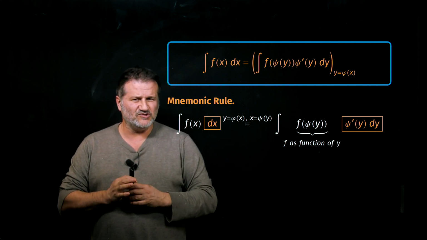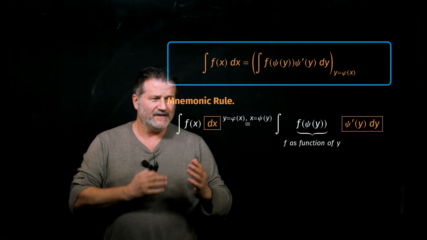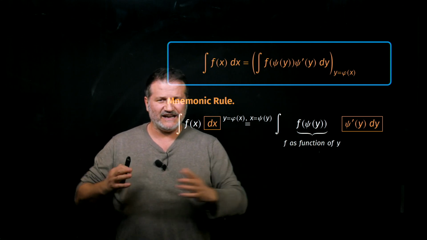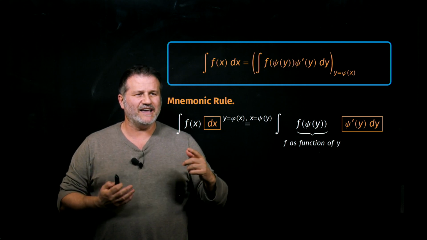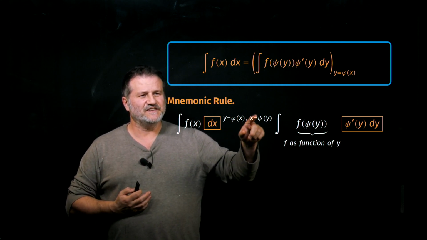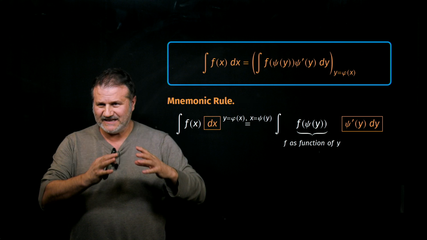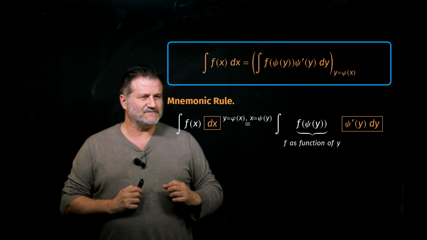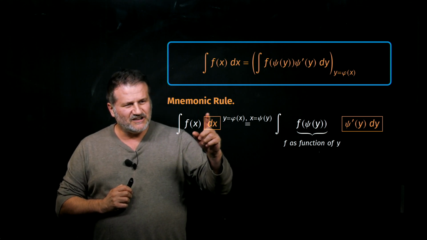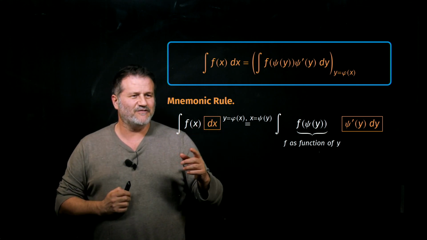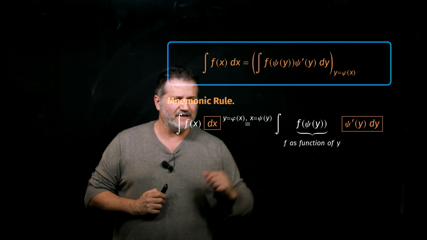This does not mean that you change letter x into letter y. It means that wherever you see x, you have to replace it by the expression psi of y, or if you see the expression phi of x, you just write y in place of phi of x.